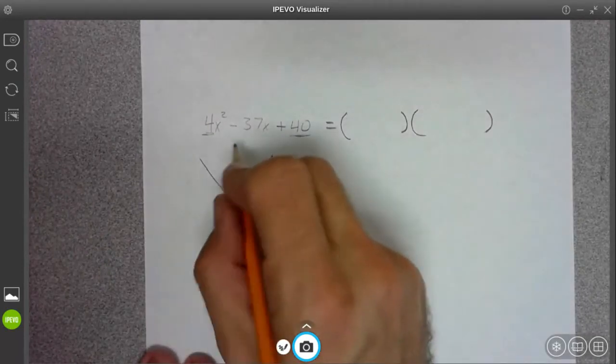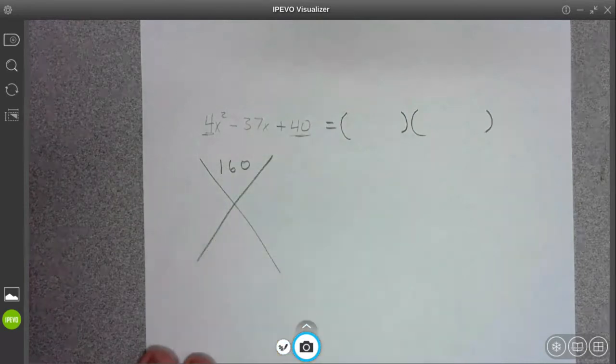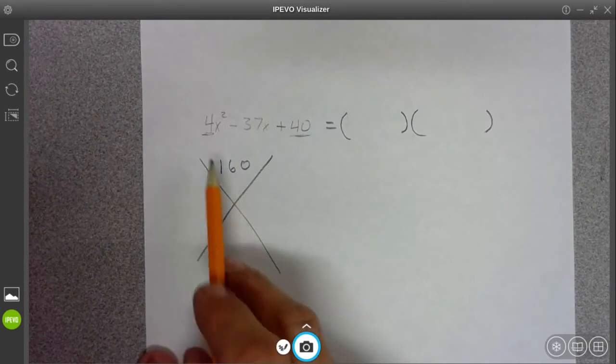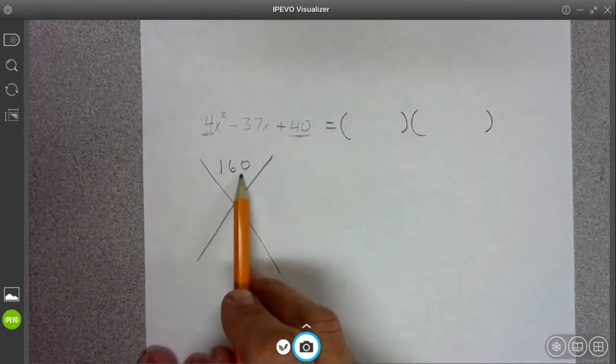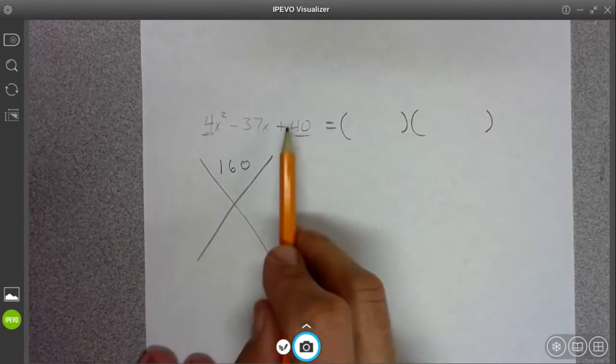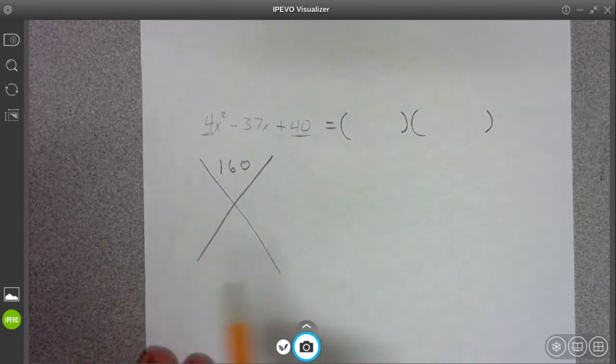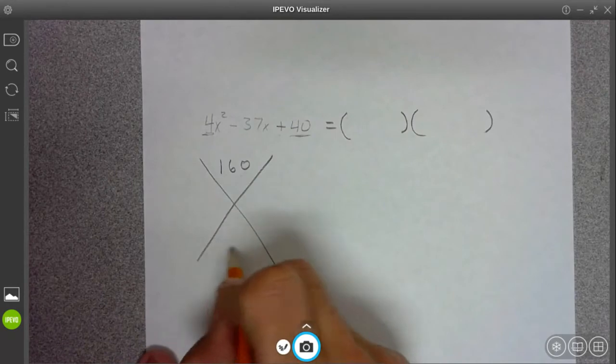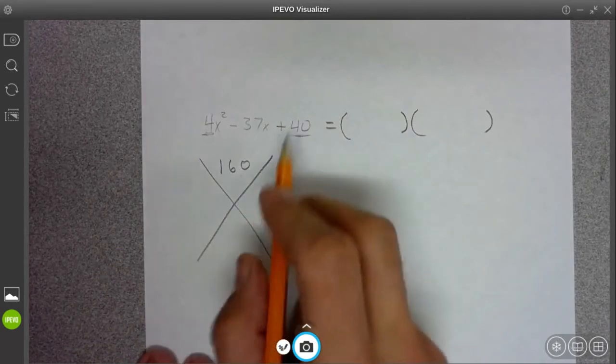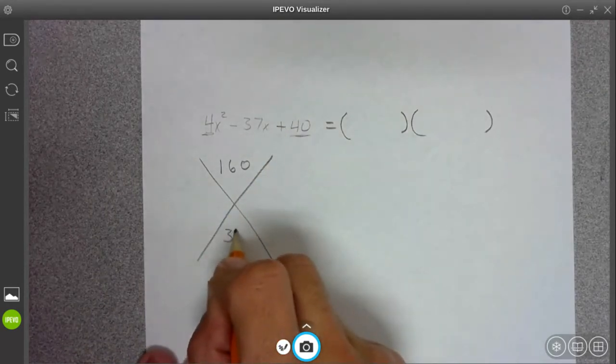Oh gosh, this is 160. So we want two numbers that multiply to 160 and add up to 37. So hopefully you can see how it's similar to the last method.